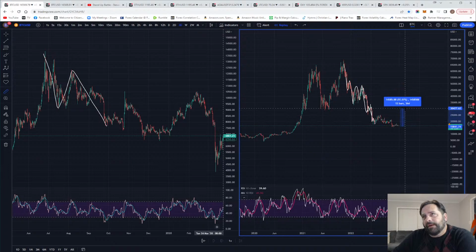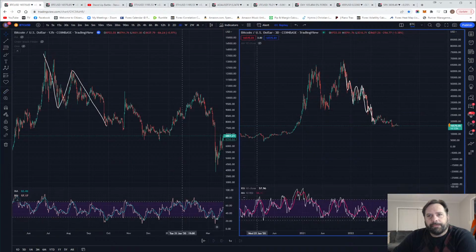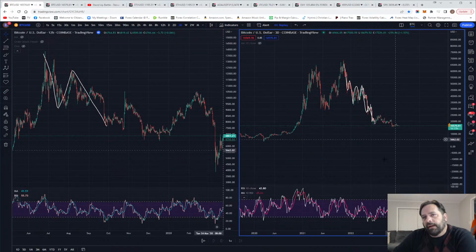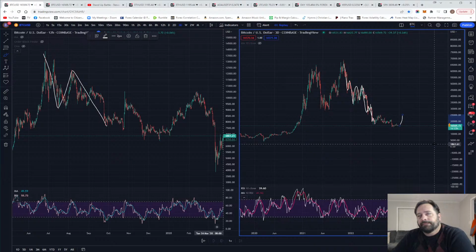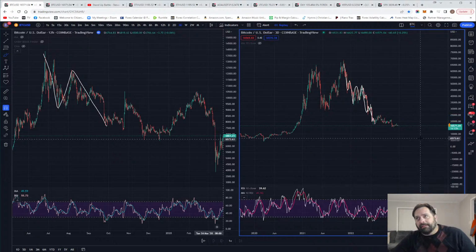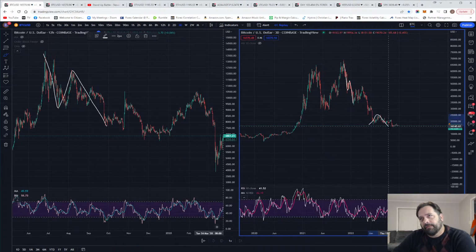If this thing did a 43% move in price in one day, it would bring us up to here, right there. Now I think this would end up going higher. That this is going to be an intermediate wave.